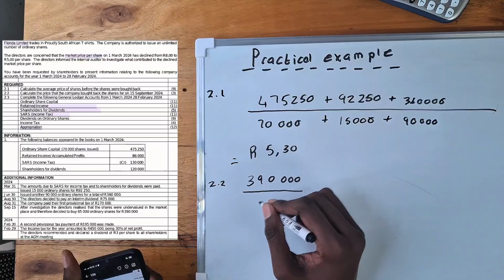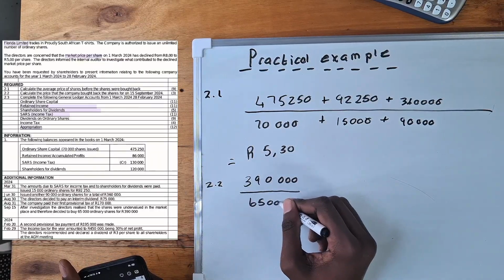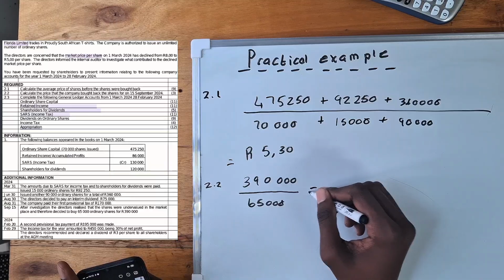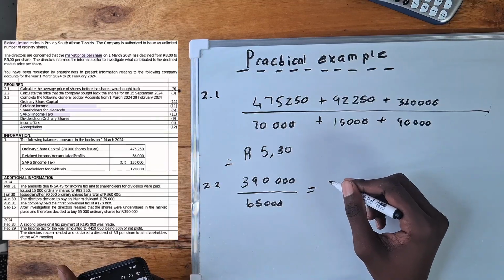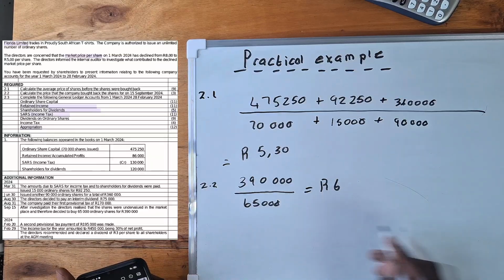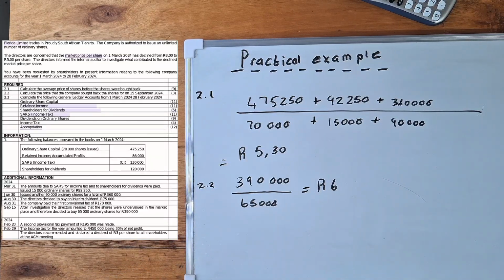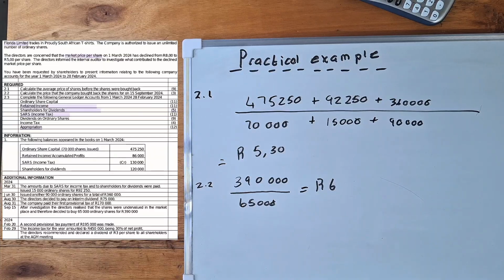And how many shares did they buy back? They bought back 65,000 shares. So basically the price for each share here was 6 rands. It's as simple as that, guys. These are the lower hanging fruits. You see, it's very simple with the formulas that I have taught.